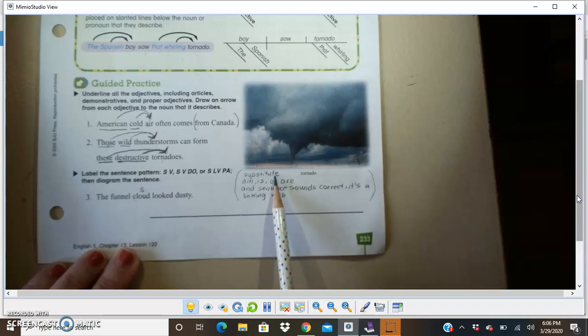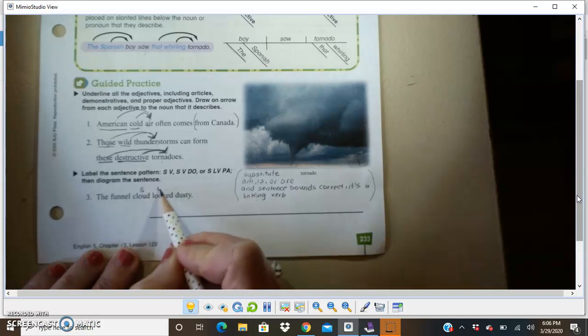If you can substitute this word right here, looked, with the word am, is, or are, and the sentence sounds correct, it's a linking verb. So if I could say, the funnel cloud is dusty. See, I just substituted it with this word is. If it still makes sense, then it's a linking verb.